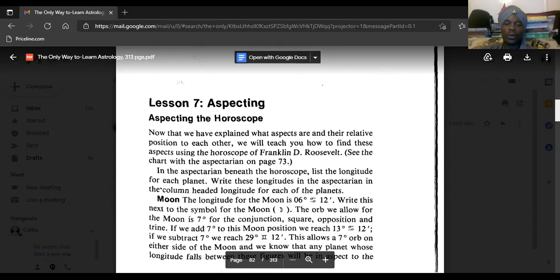The orb we allow for the moon is 7 degrees for the conjunction, square, opposition, and trine. If we add 7 degrees to this moon position, we reach 13 degrees Pisces, 12 seconds.